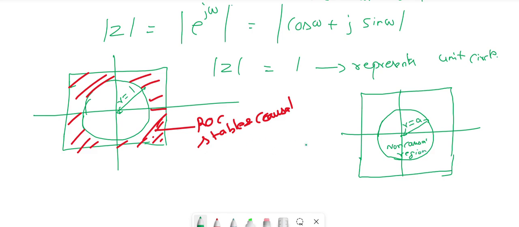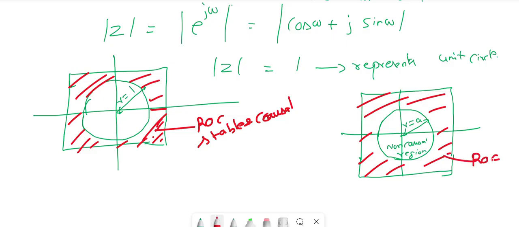Okay, so this is your ROC. So modulus of z should be greater than a. What is the ROC here?